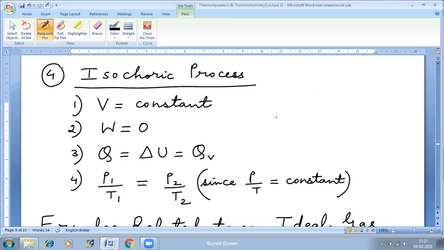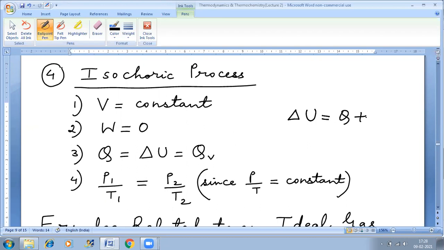Now isochoric process. In an isochoric process, volume is constant. The work done is zero because volume is constant. Whenever volume is constant, work done is zero. Q is equal to delta U. How? Again, first law.